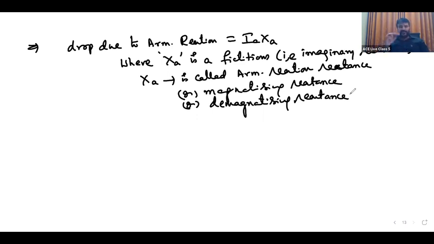Two elements are there, resistance or reactance. Modeling, it is called. XA is a fictitious reactance we have to model. I think you will know the force-voltage analogy: any mechanical system can be modeled with an equivalent electrical system.